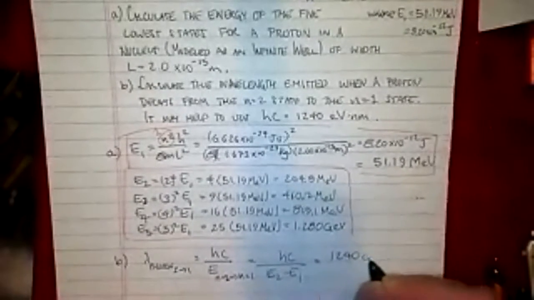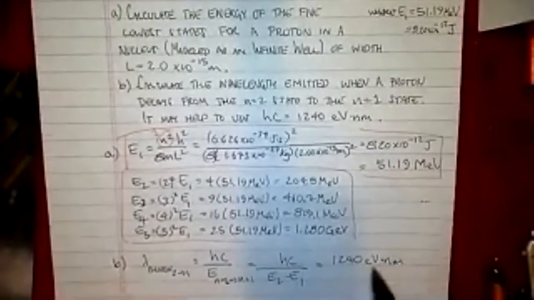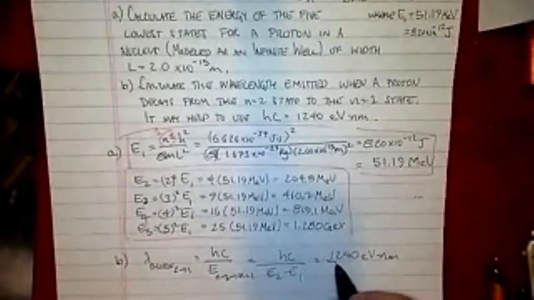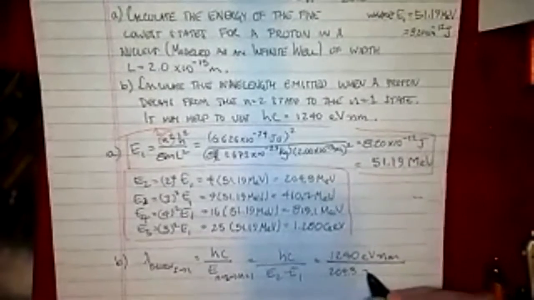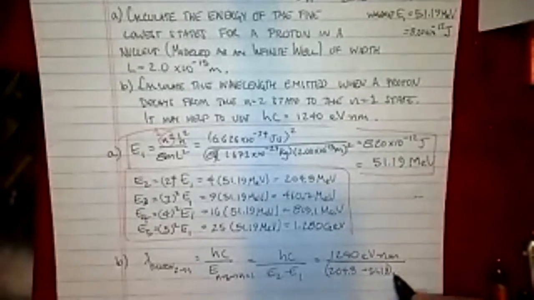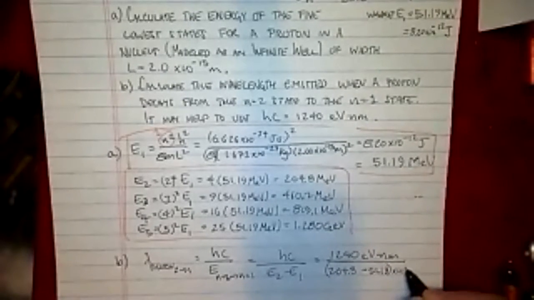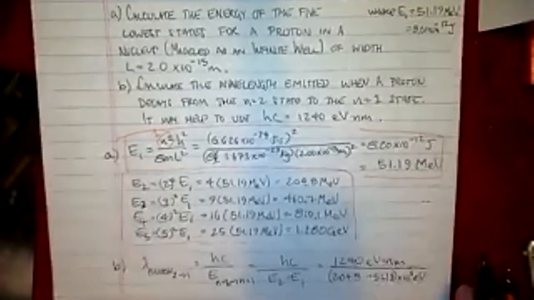Now, hc, I told you, was 1,240 eV times nanometers, and nanometers, remember, is 10 to the negative 9th. I'm going to divide that by 204.8 minus 51.19, and this is MeV, so it's times 10 to the 6th eV.